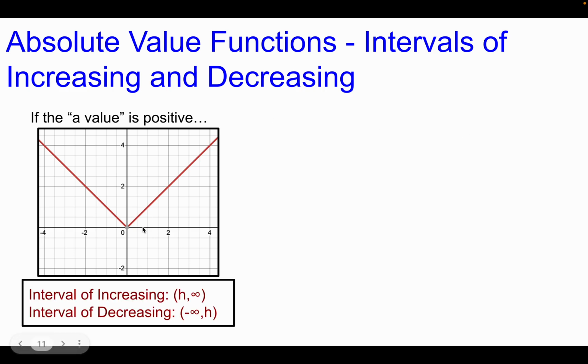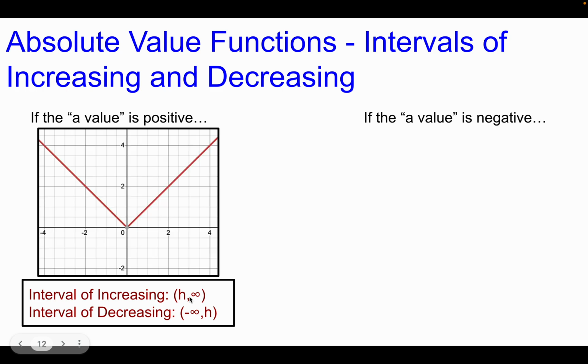And so then what we can see is our function is going to be decreasing from -infinity all the way until we hit h. And then after h, it's going to be increasing, so that your interval of increasing will be from h to infinity.